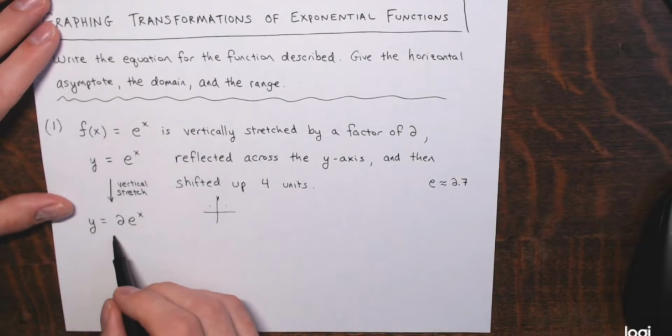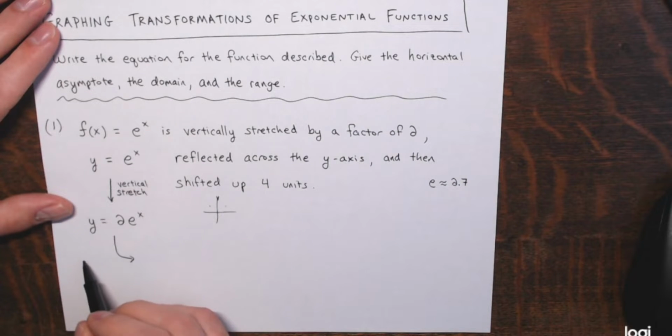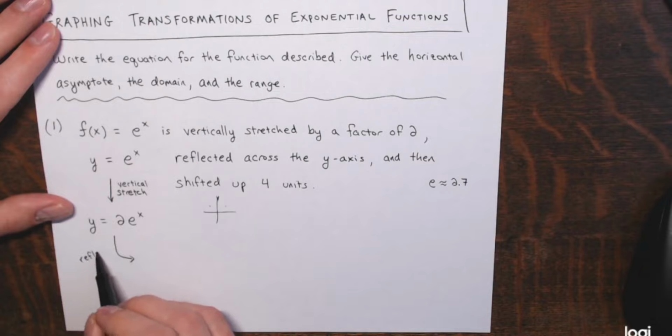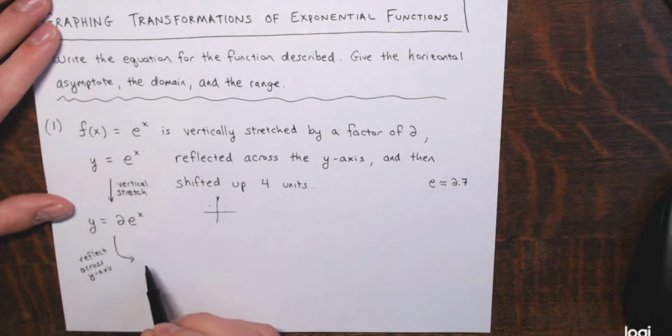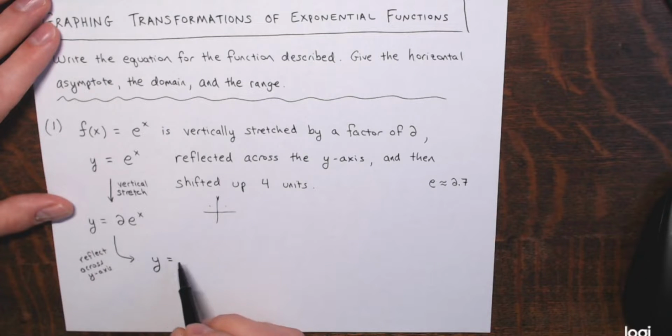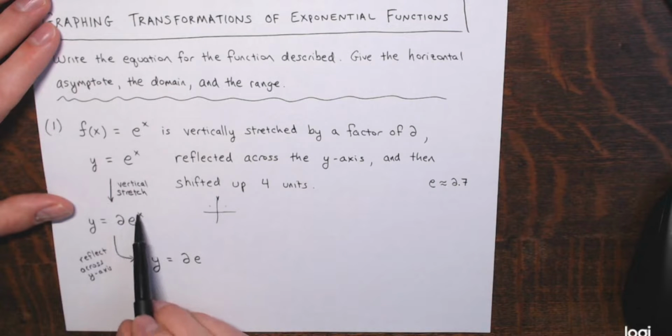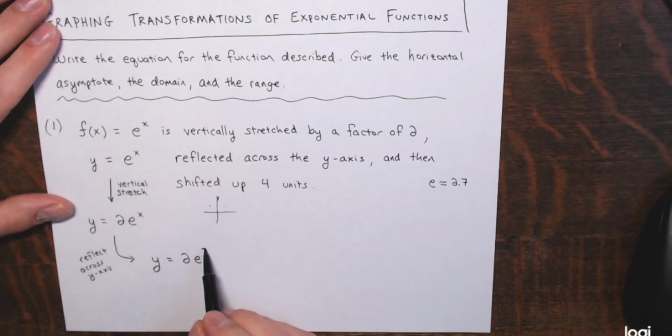So here's the reflection across the y-axis. You take the previous expression and just replace all the x's with the opposite of x. So now it's y equals 2 times e to the opposite of x.